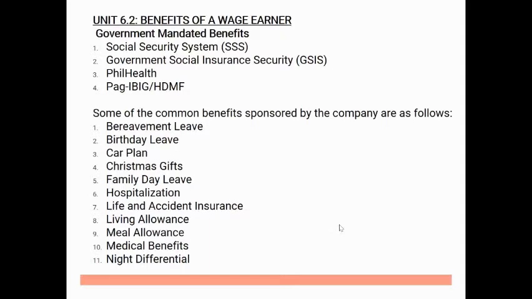So it is important for an employee to know how much his total contribution is. SSS, GSIS, PhilHealth, and Pag-ibig or HDMF contributions are credited to his account together with the counterpart employer's share.